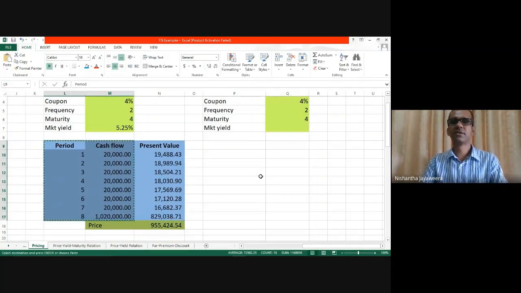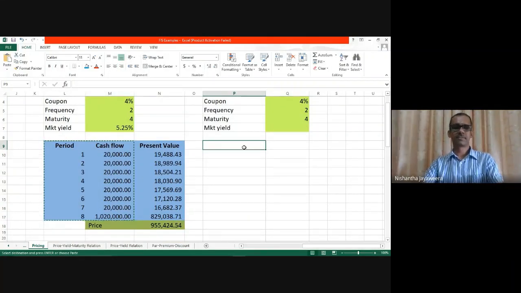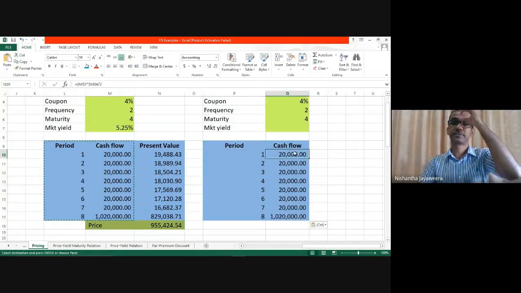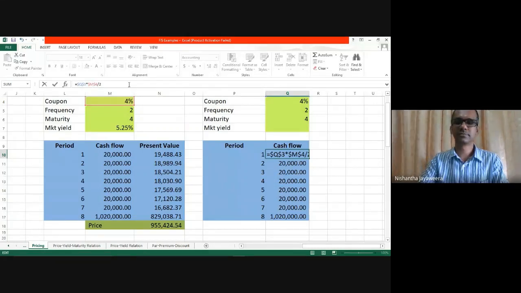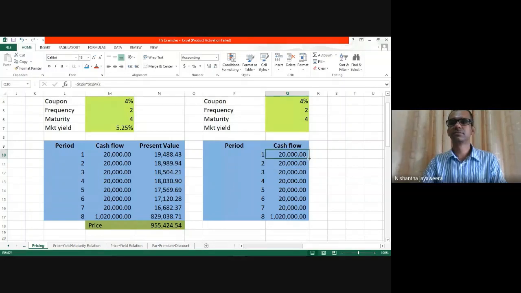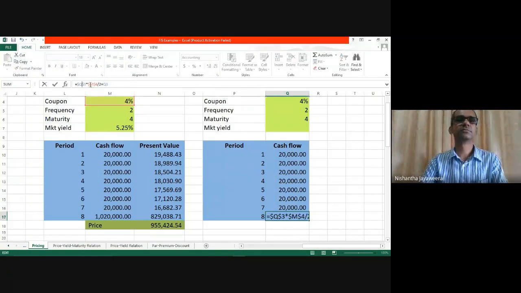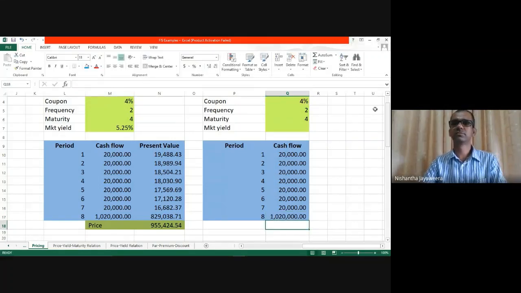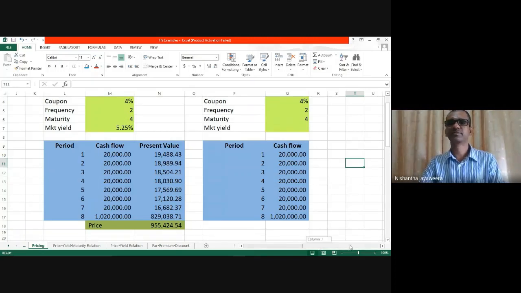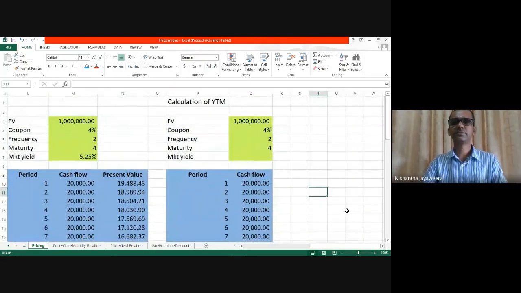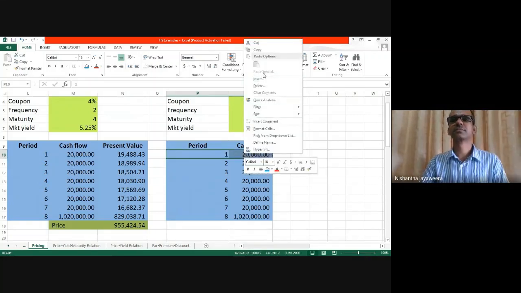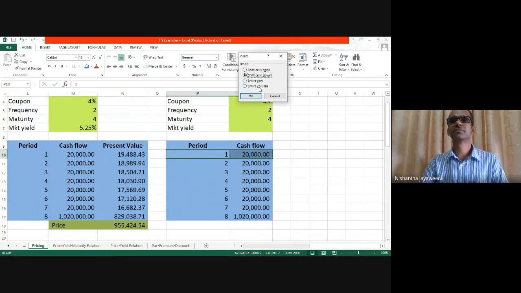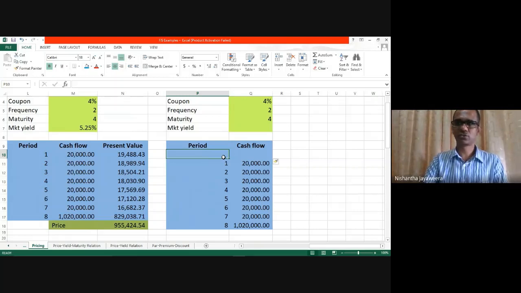Shall we start? So I'm going to show you how to calculate the yield. There are two ways.